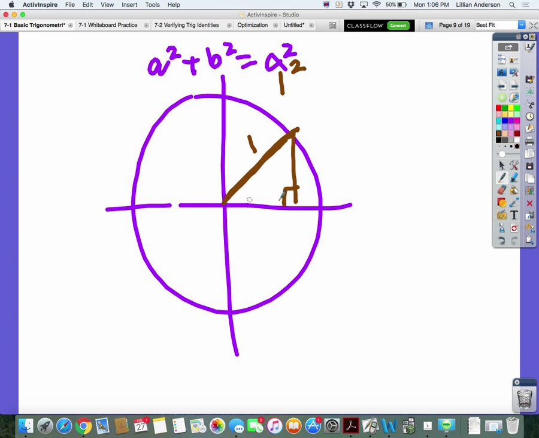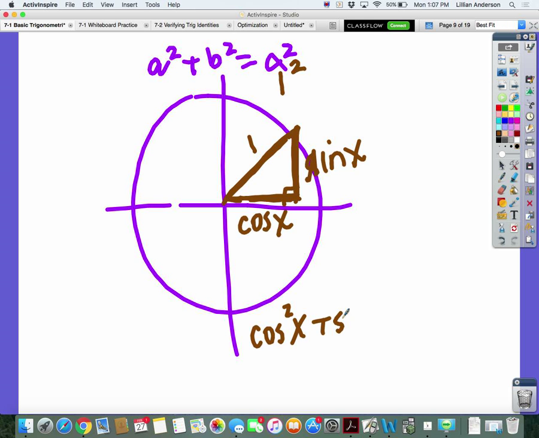Your a and your b represent this x value and this y value. In your unit circle, x relates to sine or cosine? Cosine. Y relates to what? Sine. So if you plug these into your Pythagorean theorem, you will have cosine x squared plus sine x squared equals 1 squared, which is the Pythagorean identity.